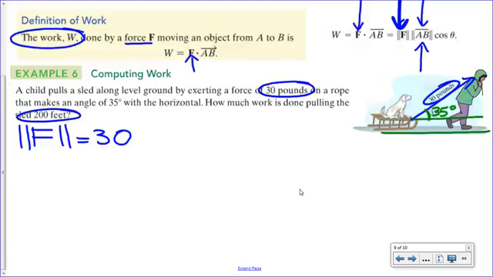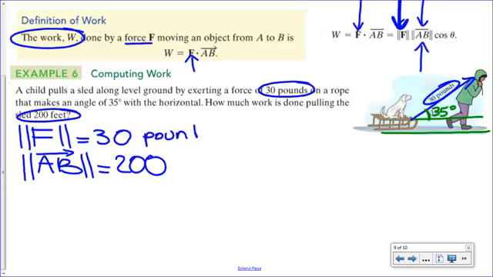So the length of the distance from point A to point B. Okay, and then of course we know that the angle between them is 35 degrees.